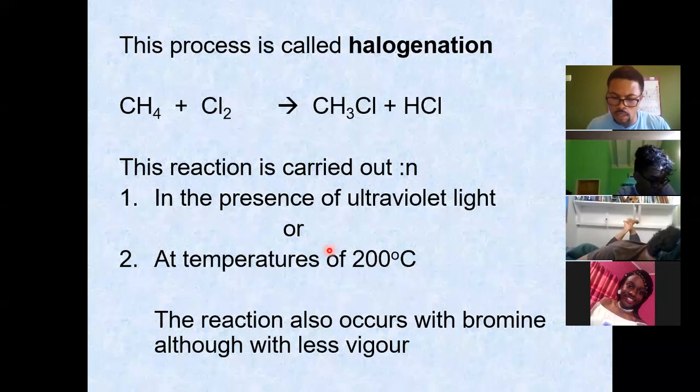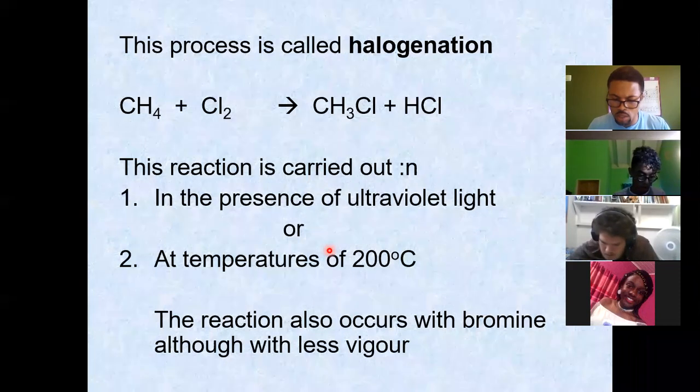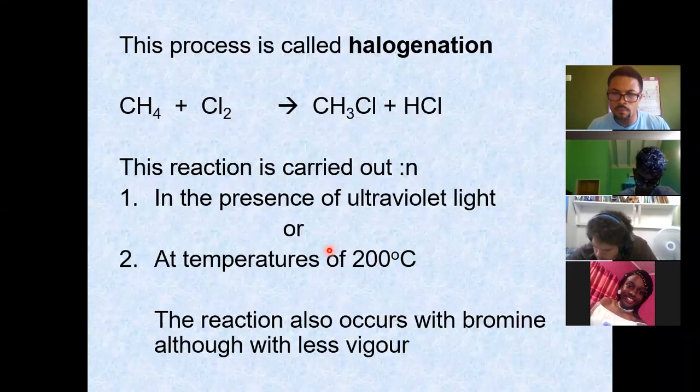In bright light, a rapid reaction. In dim light, a slow substitution reaction occurs in stages, where one hydrogen is replaced by one chlorine atom at a time.